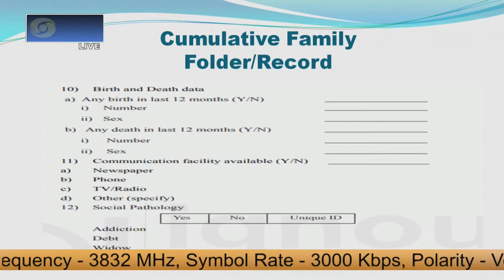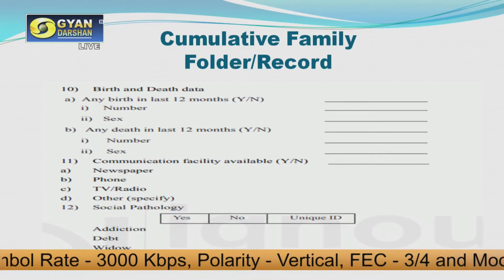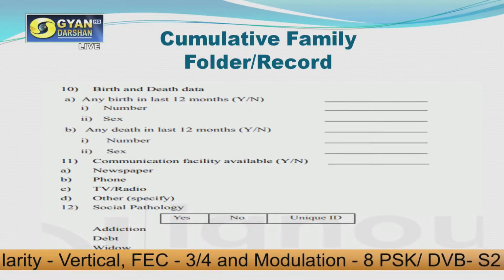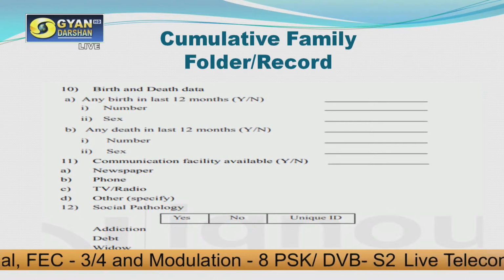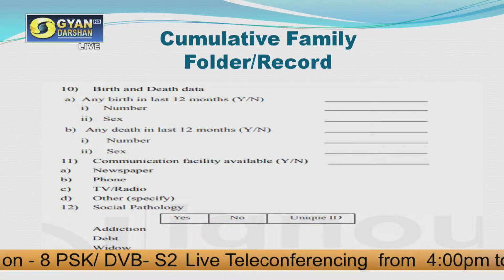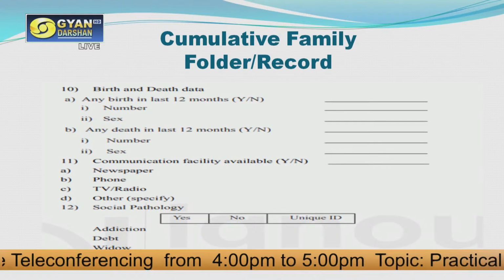There are a number of things, because everything happens in the family only. So you can even record the data about births and deaths: any number of births or deaths that have taken place in the last 12 months, whether it is one or two, and what was the sex of the person who was born or died.